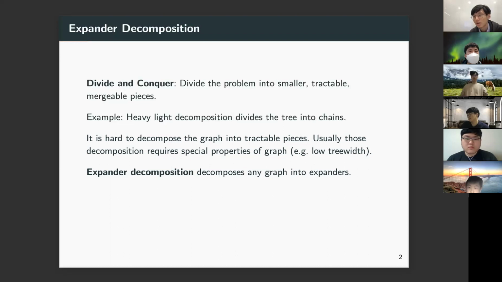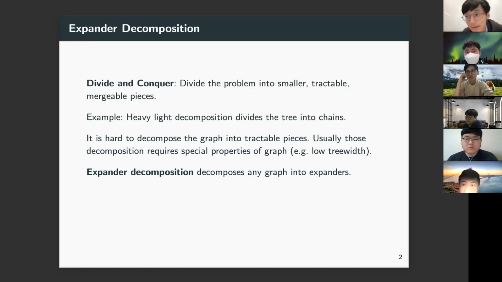For example, in a planar graph there is a small separator, so you can use the separator to decompose the planar graph into smaller pieces, but that doesn't hold for a general graph. And if the graph has low tree width, then it has a characteristic that you expect from a tree, so you can also decompose that, but that's not what happens in general.